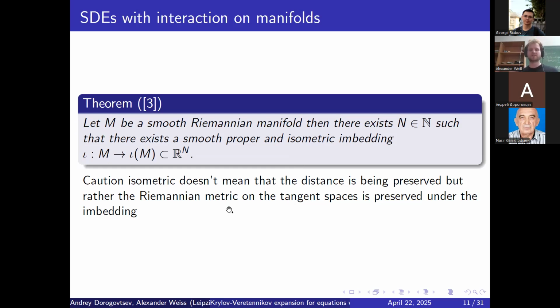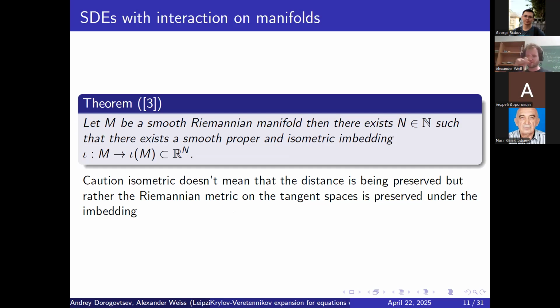Alexander, yes. Can we control the dimension, can we control this n? Because I remember something like if the dimension of M is d, then we have n like 2d plus something. Yeah, there is something, I don't know the exact number.